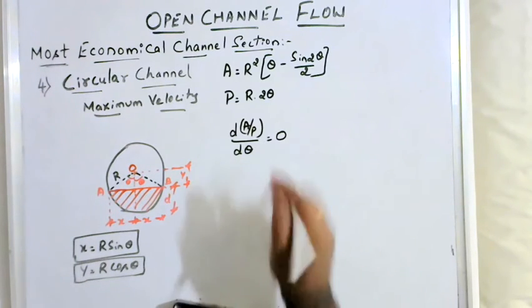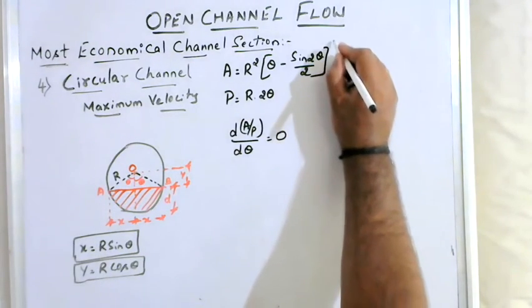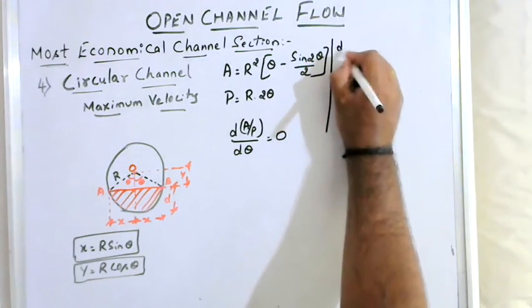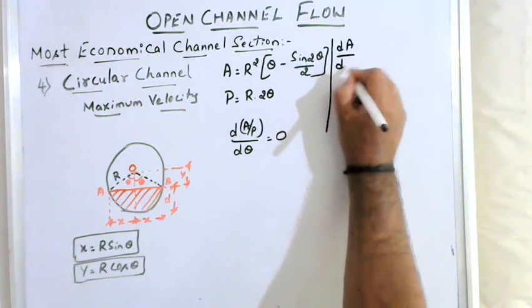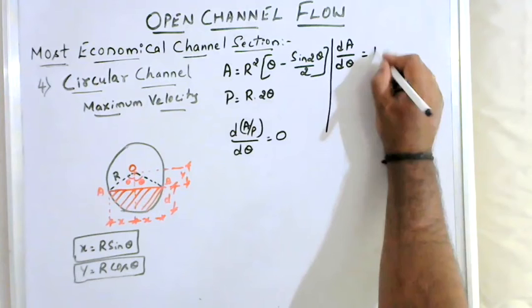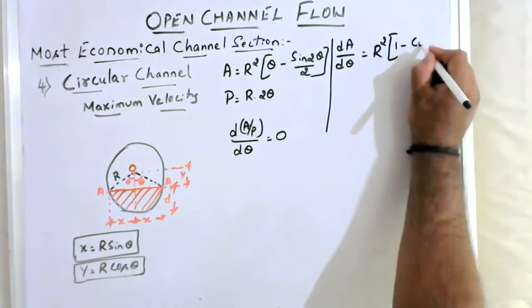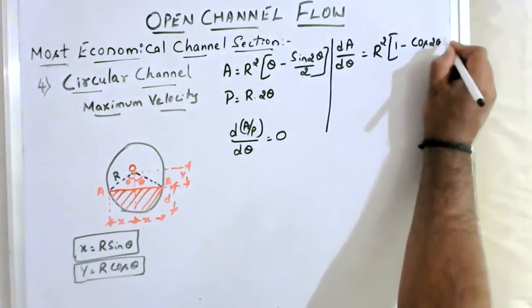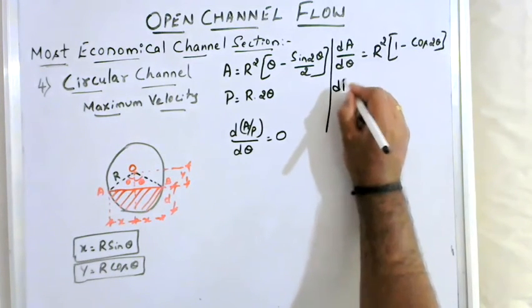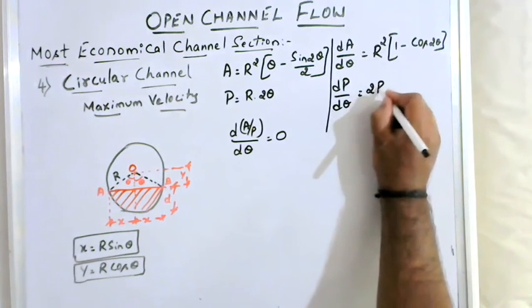For the quotient rule, I'll take dA by d theta, differentiating area with respect to theta, which gives r squared into 1 minus cos 2 theta. Similarly, dP by d theta is equal to 2 times r.